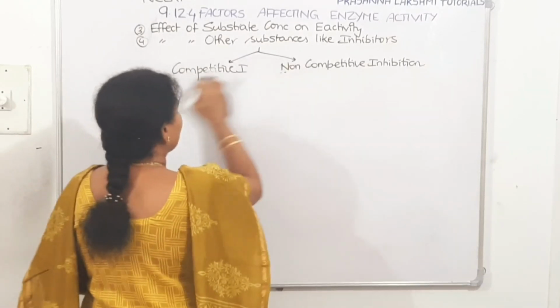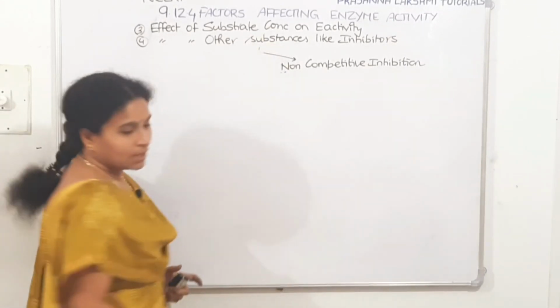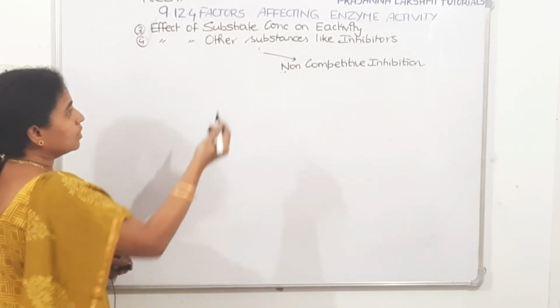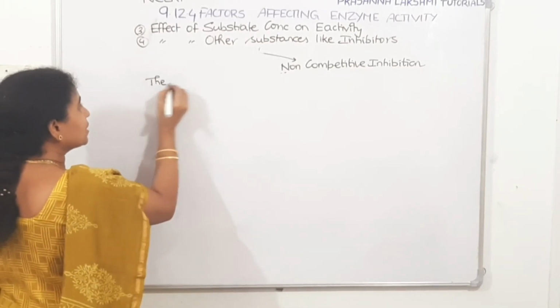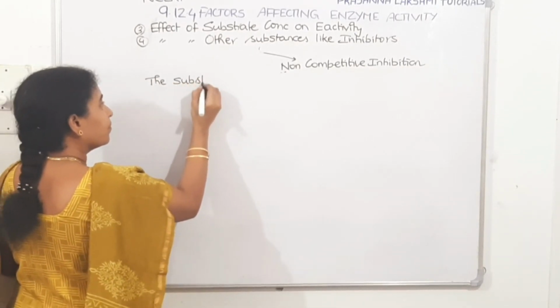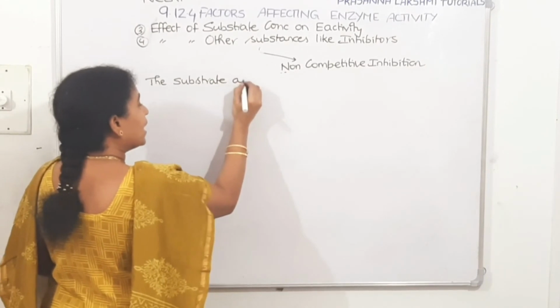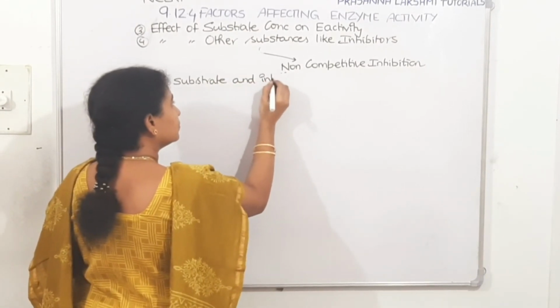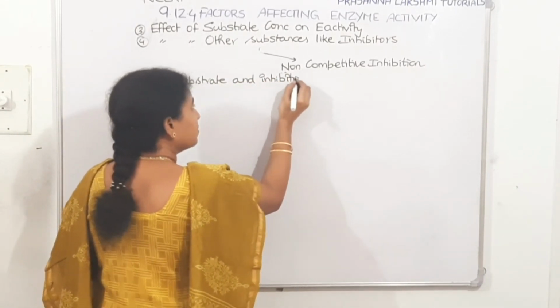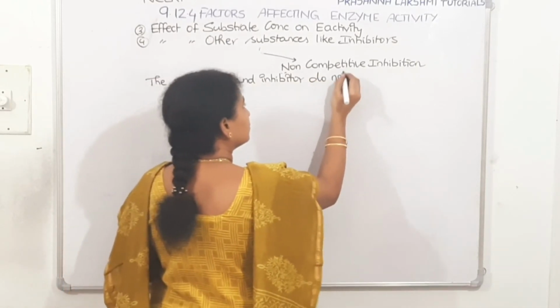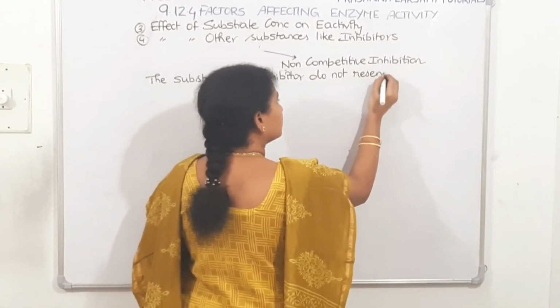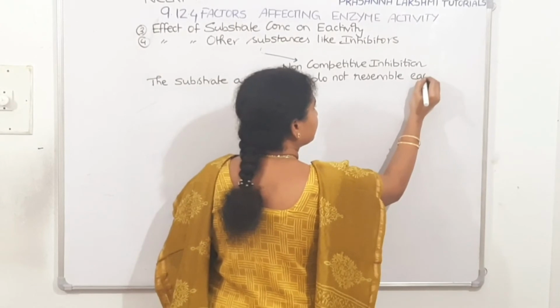The other site is an allosteric site. In non-competitive inhibition, the substrate and inhibitor do not resemble each other.